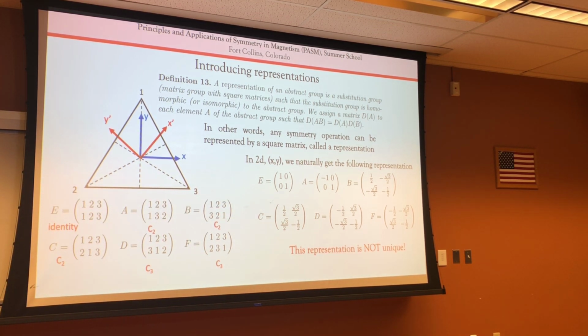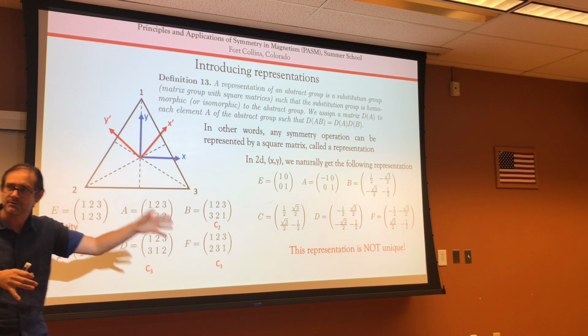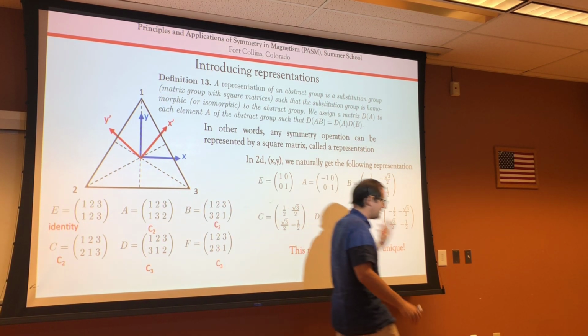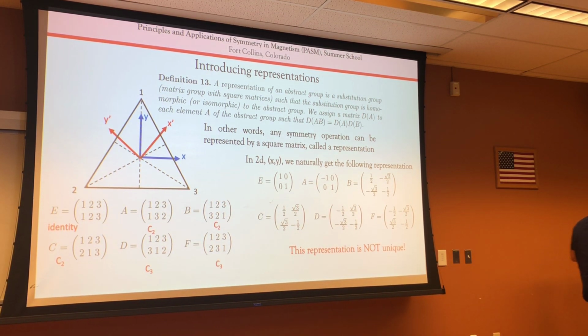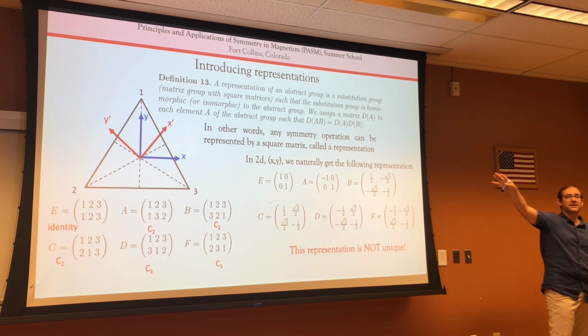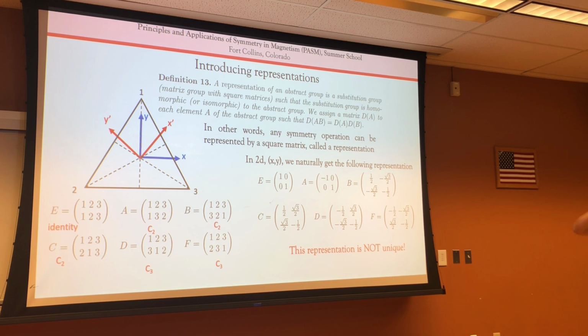That is super important, because it means that the way you represent a transformation is not unique. The transformation is unique. It is very clear: I'm going from 1 to 2 to 3 and so on. But the way I represent it is not unique. Which is kind of an issue, because here it's a very simple equilateral triangle, but imagine the tetragonal point group that we had previously, or even more complex point groups.